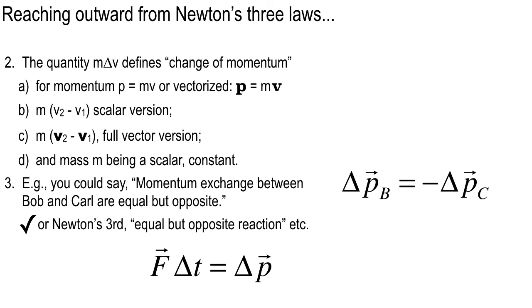The impulse felt by Bob on Carl is delta P subscript C, Carl's change in momentum. F delta T for Bob is delta P subscript B, the change in momentum.